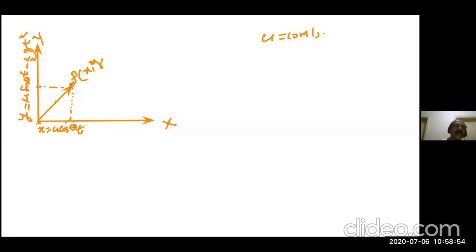But actually the object is here. This is the intercept x and y. X you will get here, y you will get here. It happens at an instant of time t. Any doubt?